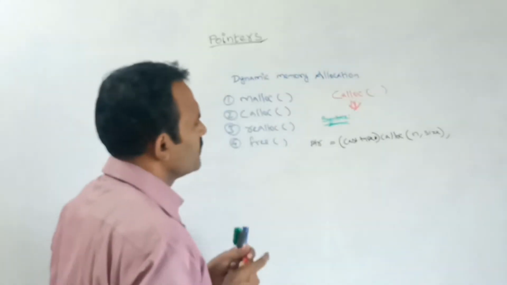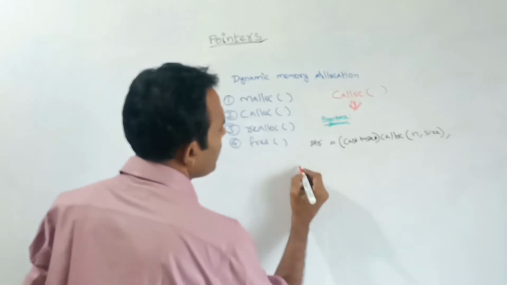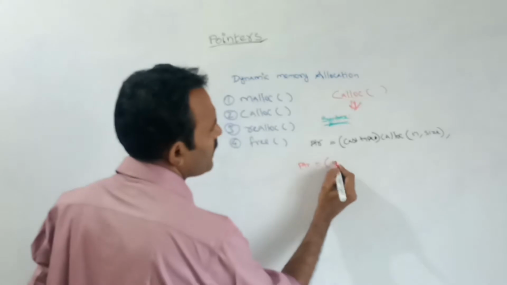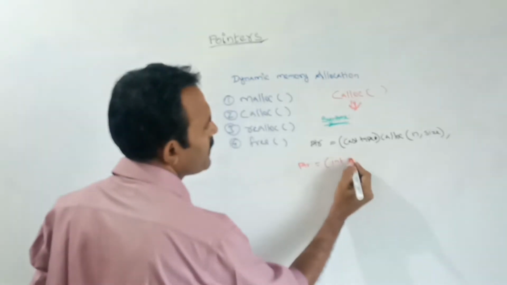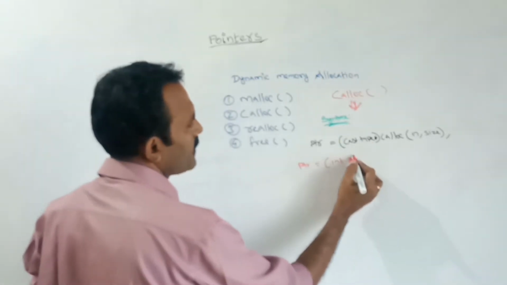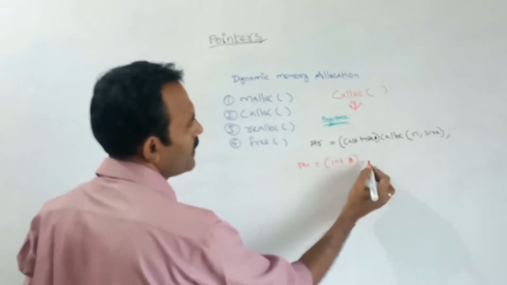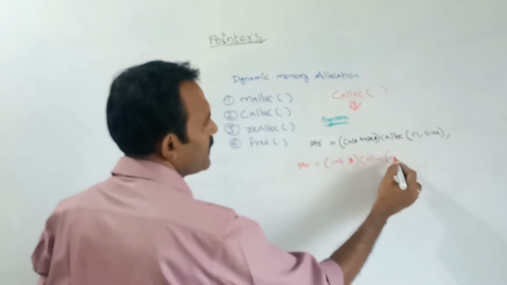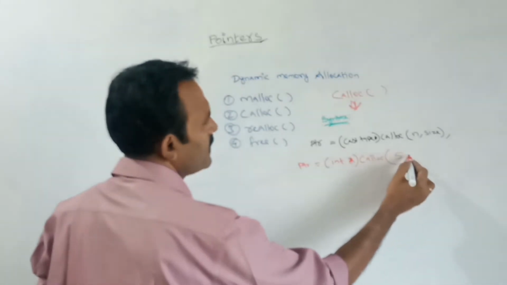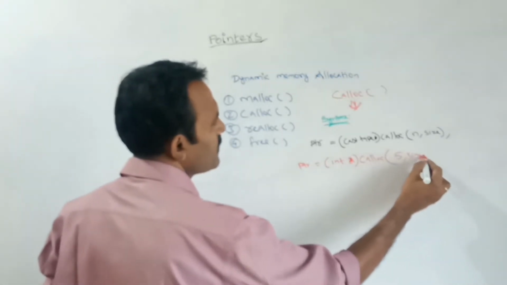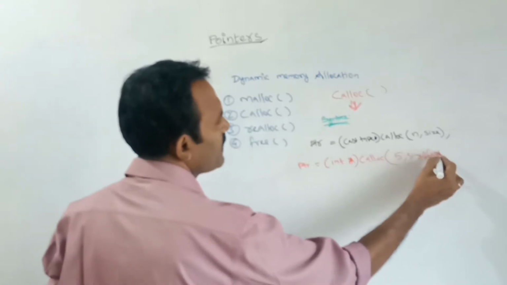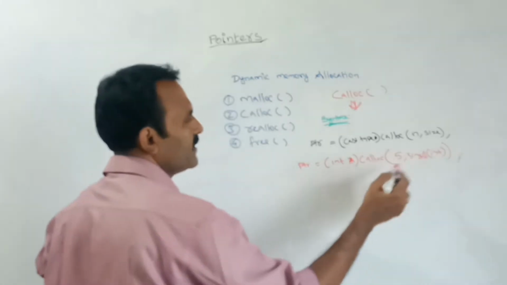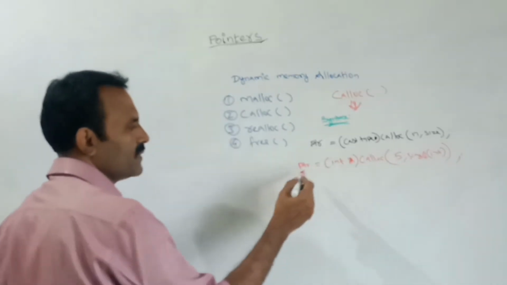Example: if you are allocating integer type, then what data type? Integer data type. For typecasting you should give the explicit typecast. Next the pointer, after that the function name calloc. Next n, how many elements? 5 elements. Next sizeof, if you give integer, it is 4 bytes by default, so 5 into 4 is 20 bytes allocated for this ptr.